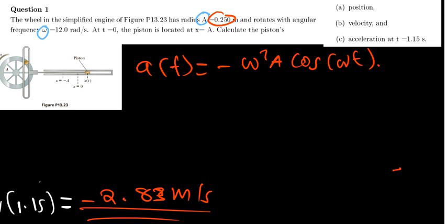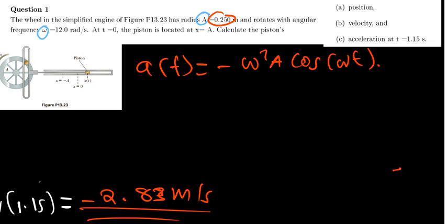If you don't want to forget these formulas, you need to know where they are coming from. That is very, very important. If you know where they are coming from, it's going to be much easier for you to remember these formulas.